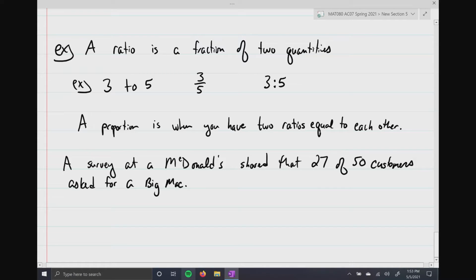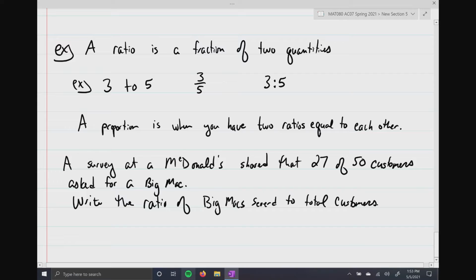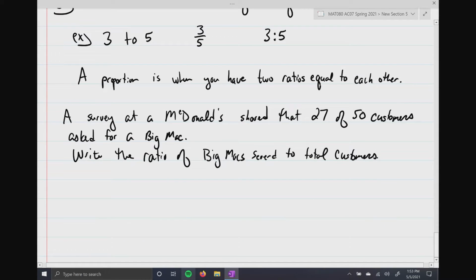But it's really good. First thing we're going to do is write the ratio of Big Mac served to total customers. Okay, so that's the first thing we're going to do. We're going to do a couple things with this problem.